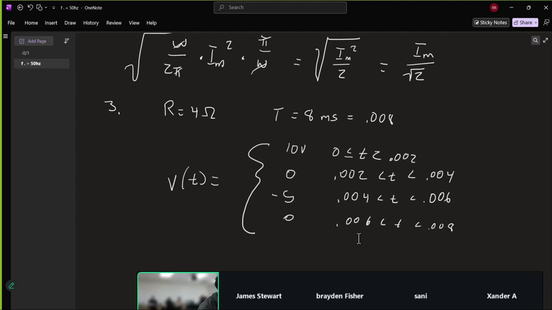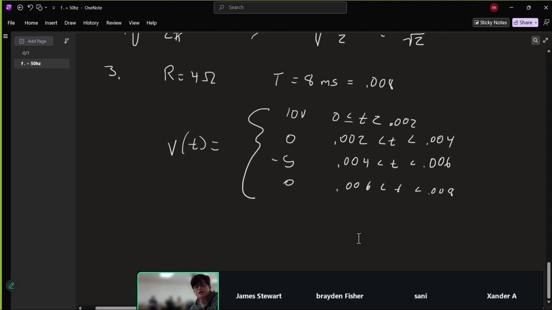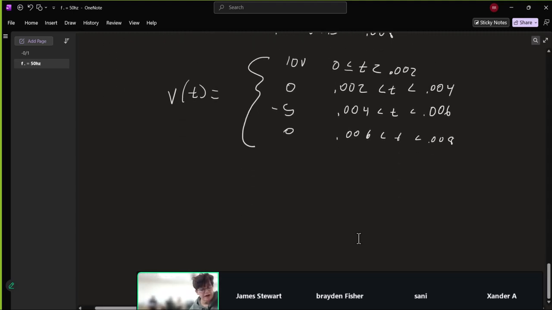And it's saying it's periodic with period T equals 8 milliseconds. So it would repeat this same pattern every 8 milliseconds.